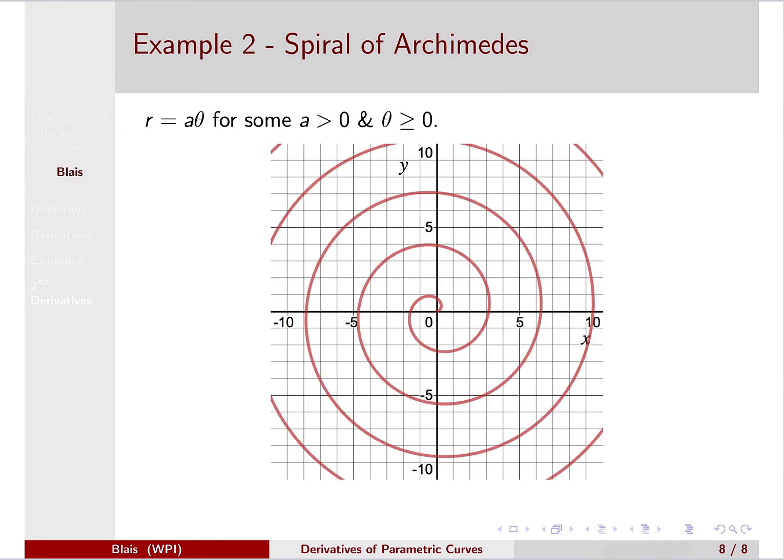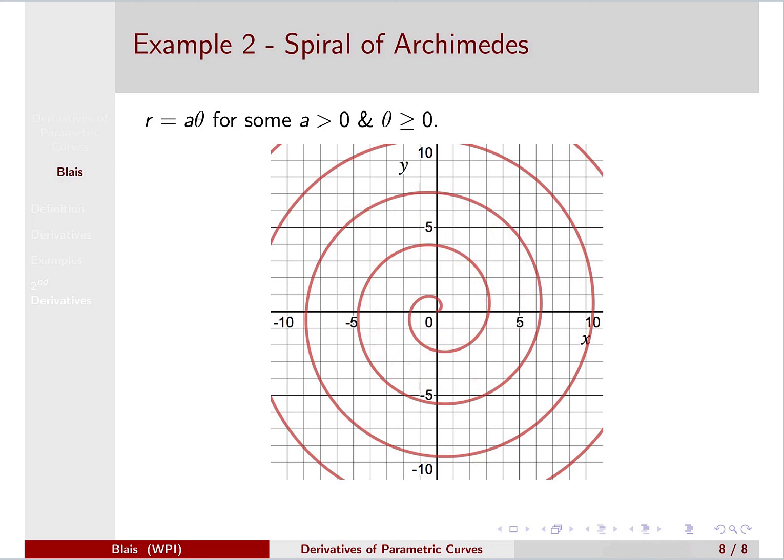This is what the graph looks like, so you see why it's called the spiral of Archimedes. And the idea is, think about theta being time, and when you start the clock at 0, remember a is positive, so as the time increases, r, which is the distance from the origin, is increasing linearly in time, and so as you run the clock, the point is just getting further and further away.